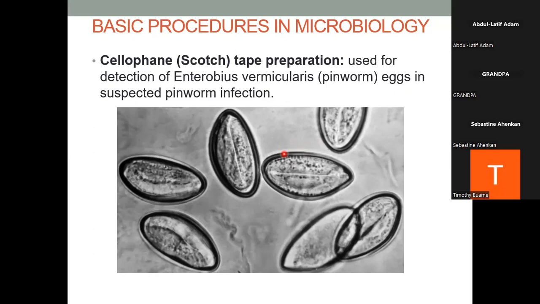It's only Enterobius that lays its eggs in the perineum, and because the eggs are flattened, the flattened portion is sticky. It will stick in the perineal area, and it will not come out. So that's the only way you have to apply this.